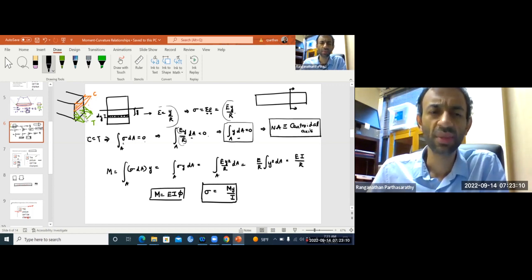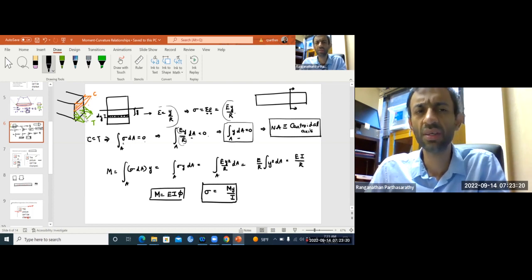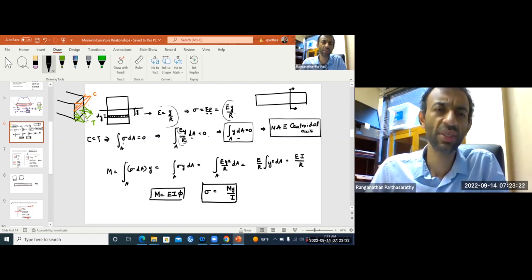Okay. Remember, you need to have a homogeneous material, and your material should be in elastic behavior all over the section. Okay, so in that case you can say that the centroid of this cross section, the centroidal axis, is the neutral axis.